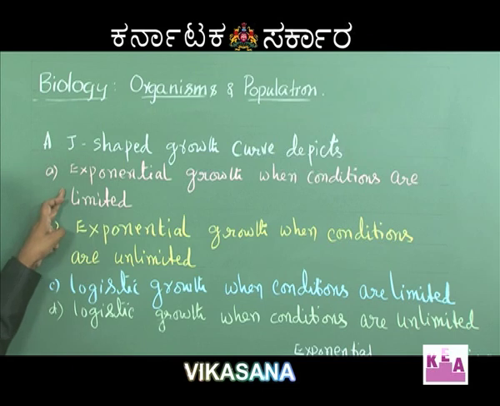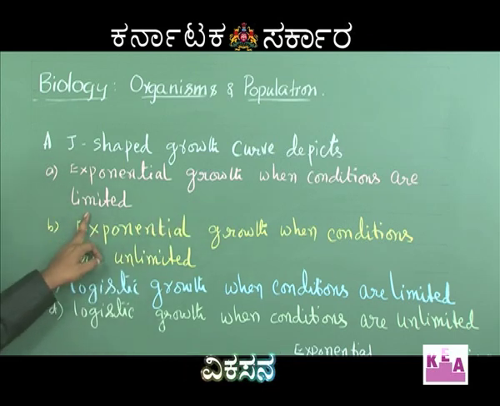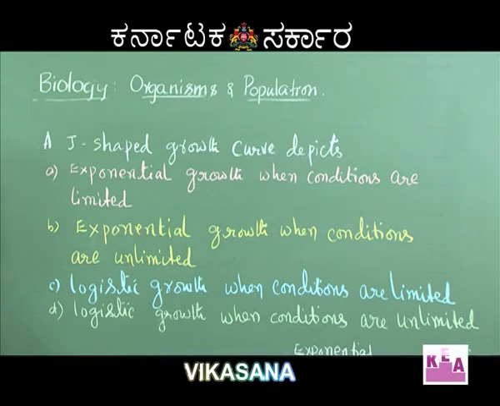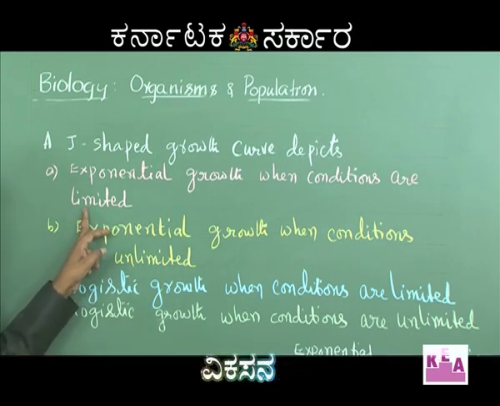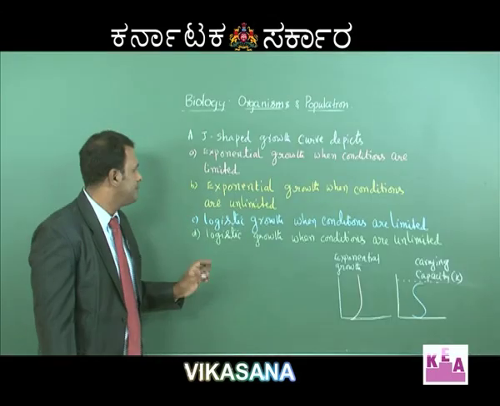Option A says exponential growth when conditions are limited. In this case, exponential growth always takes place when the conditions are unlimited. In other words, conditions means resources. When the resources are unlimited, organisms undergo exponential growth.